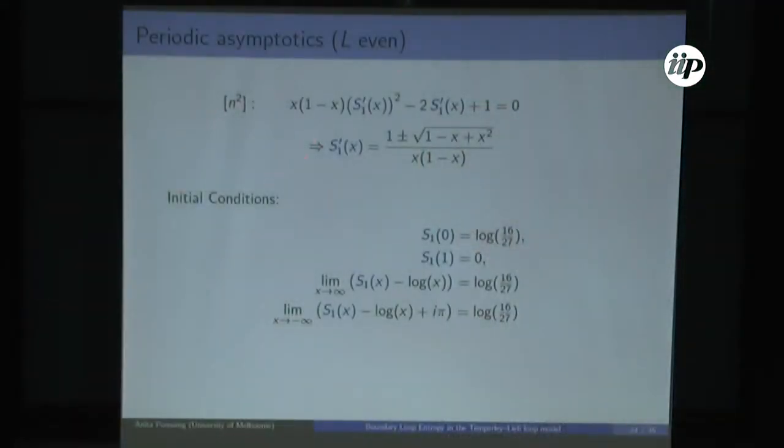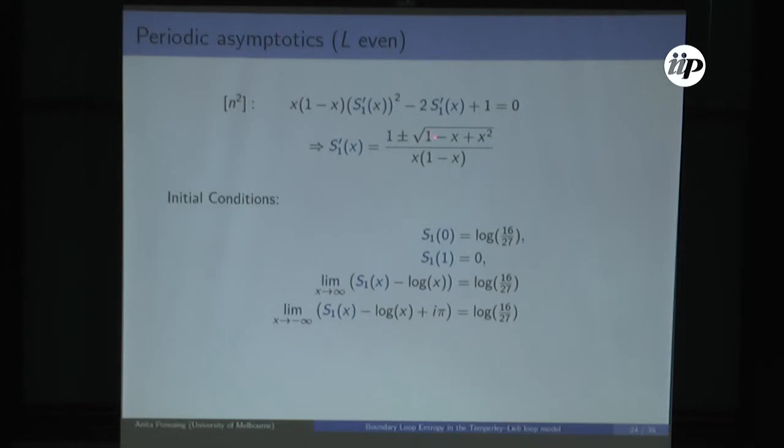Okay, so just looking at the very first one, I won't do the rest of them, just the first one. So this is the leading order asymptotics of f of x for the periodic case. So we have this differential equation, quadratic, so we can solve for the first derivative, and we get these two solutions with these initial conditions. There is also an initial condition at -1, which I worked out last week, so I haven't put them in the slides.